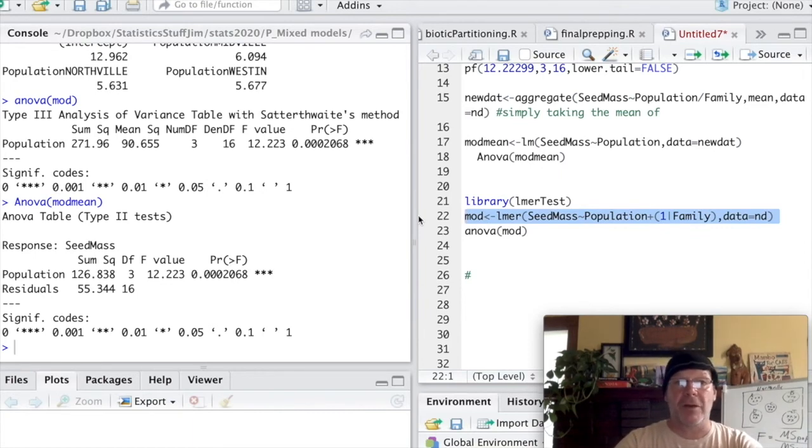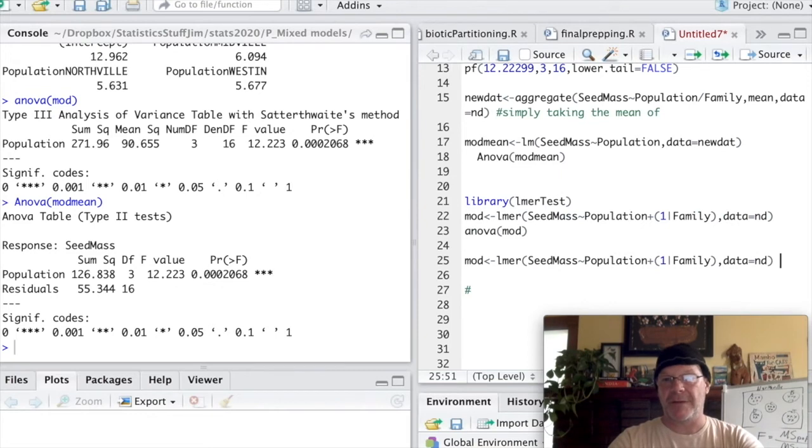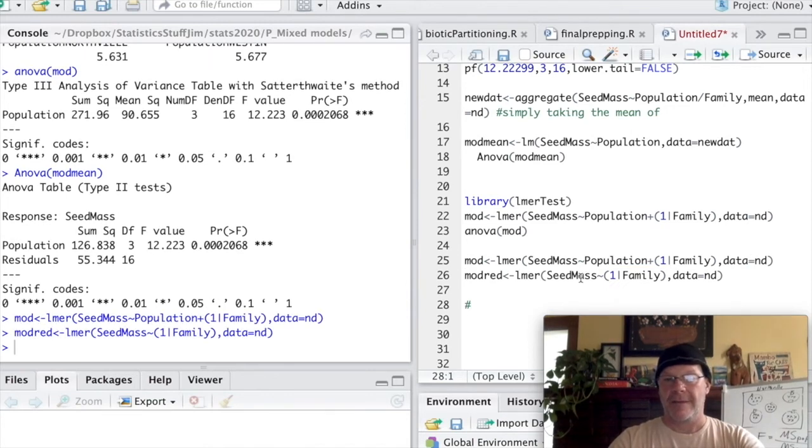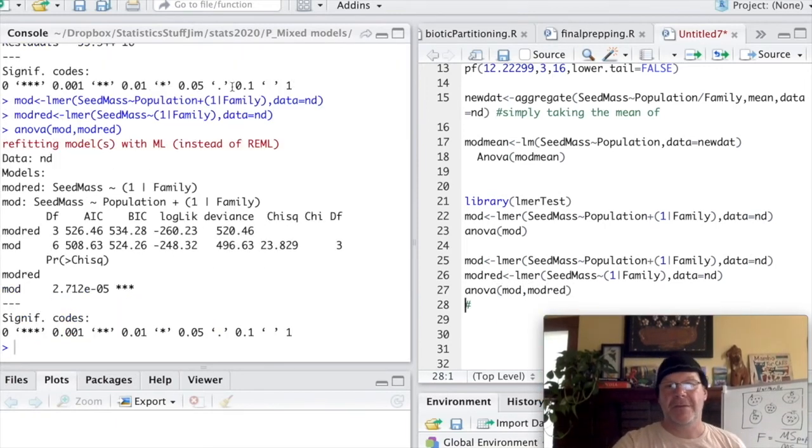Now, obviously, you could also have done the hypothesis testing a number of different ways. So we could do it as, I'm going to say mod reduced, and what I'm going to do is say no population in there. And now if I use anova, but give it 2 models, mod and mod reduced, it's now doing it as a likelihood ratio test, which we've also done before.